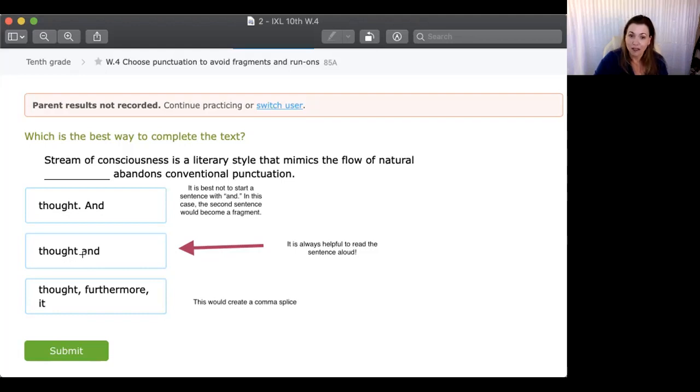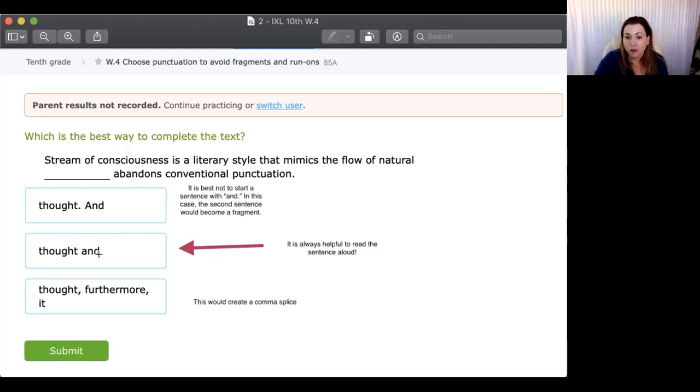The first thing being listed is a literary style that mimics the flow of natural thought. The second thing being listed is abandons conventional punctuation. So the word and is used as a listing tool here. It's not combining 2 thoughts. It's listing 2 things together. That's how it's working, and that's why that's the best choice here.